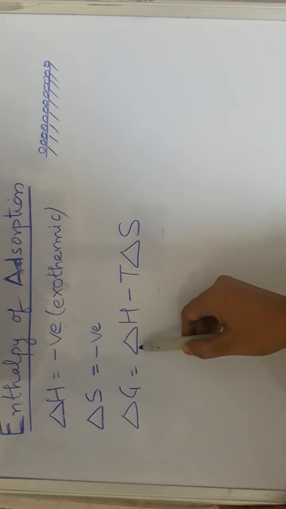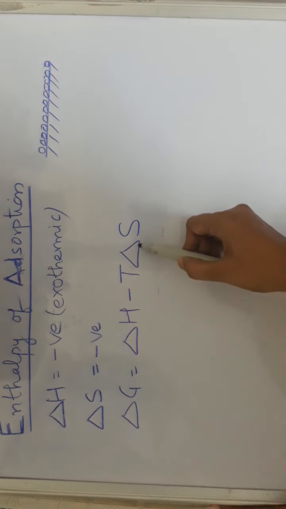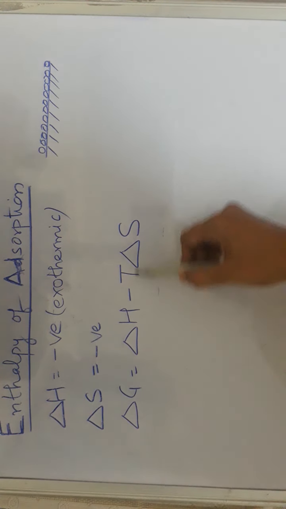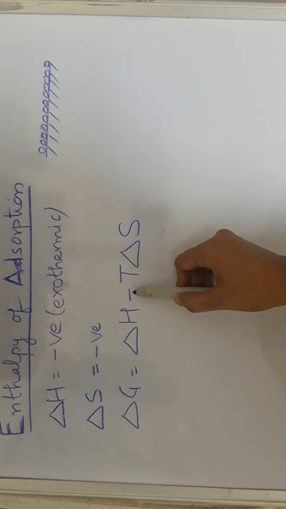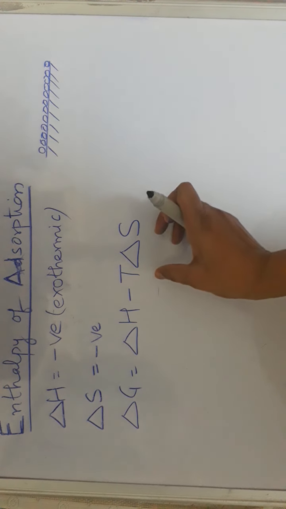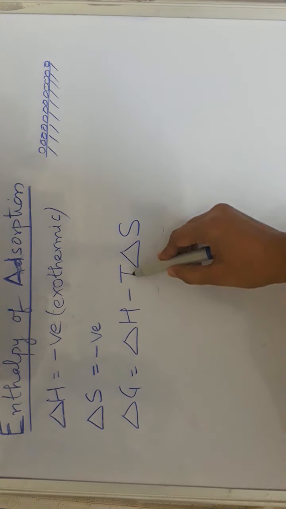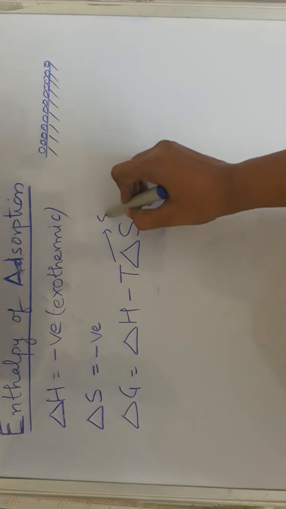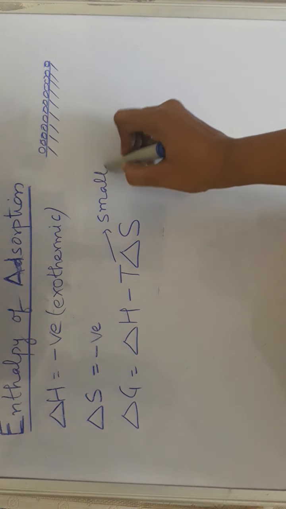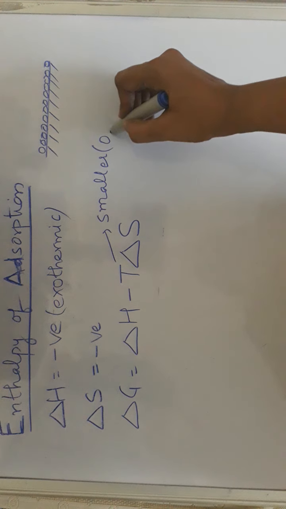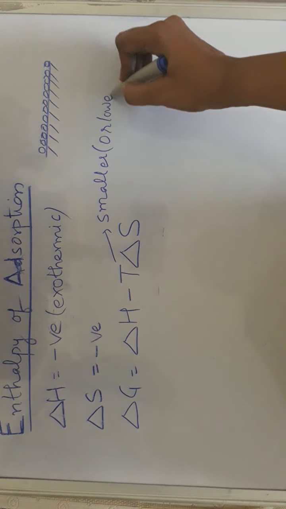So delta S being negative, delta H being negative, the product T delta S becomes negative, and this negative becomes positive. So for T delta S to be lower than delta H, T should be smaller.